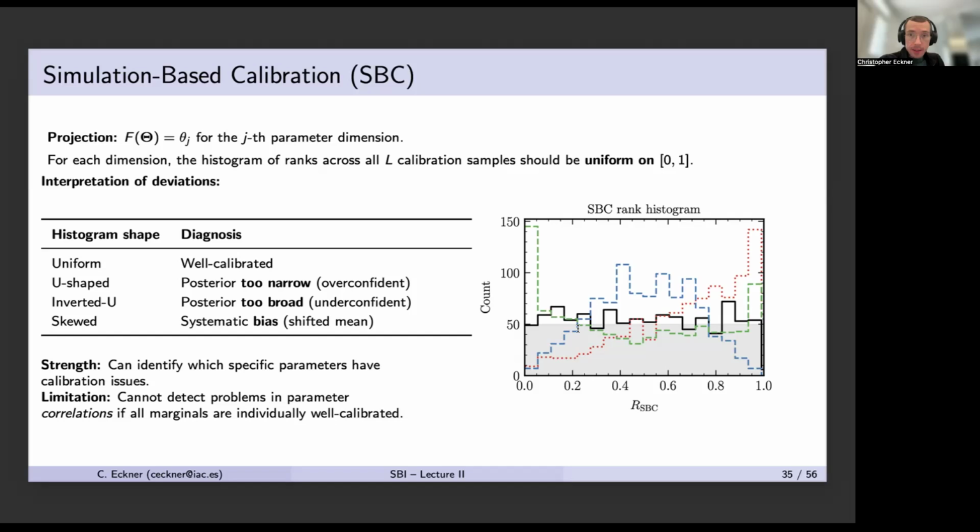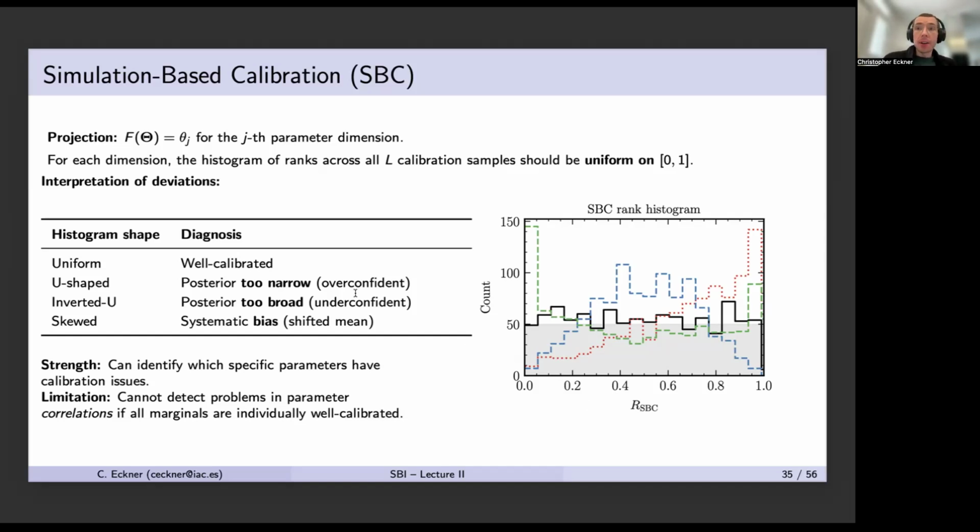So the edges here are kind of overconfident, and it happens too often that you are much less than your actual prediction or much higher than your true value.